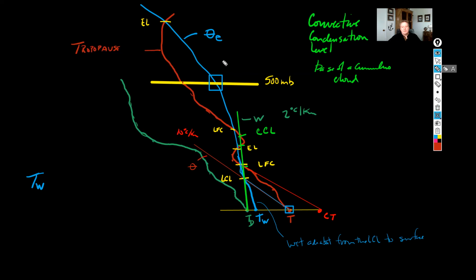So what we say is that the temperature of the parcel is that temperature. The temperature of the environment is that temperature. And the lifted index, if you look at it, says it's the temperature at 500 millibars, so that's the environment, that's what Bob gives you, minus the temperature of the parcel at 500 millibars.